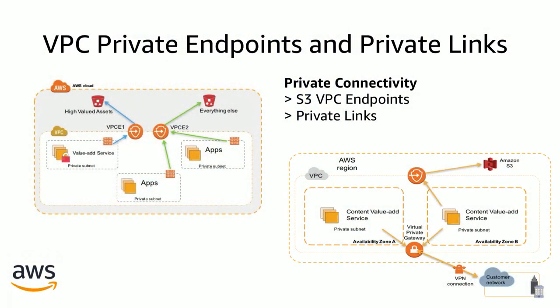VPC Private Endpoint and Private Links, I already covered it, but this example takes you in a little bit more further detail. As you can see on the left-hand side, one of the VPCs, or actually one of the subnets rather, is going to access high valued assets. Just imagine you have tier 1 assets in an S3 bucket. And then there is a bunch of stuff which is metadata or other stuff associated with it. It could be metadata, it could also be things like your deployment, your code, etc., which is somewhere else.